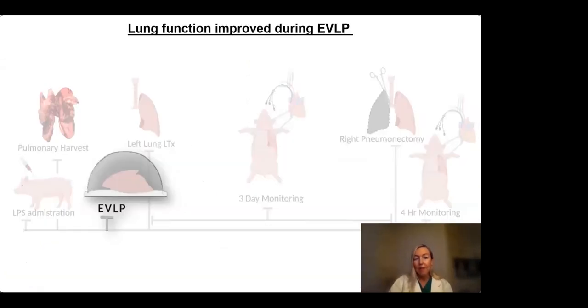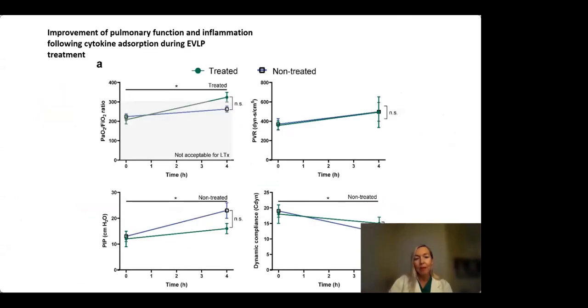After establishment of our lung injury and RDS, we compared the treated with the non-treated lungs during EVLP. When we connected them to EVLP, they all still had RDS. The treated lungs showed a significant increase in oxygen capacity during the time course, and they actually reached acceptable levels for transplantation.